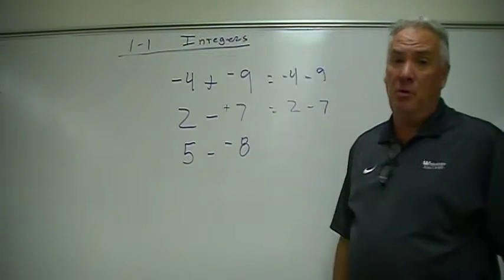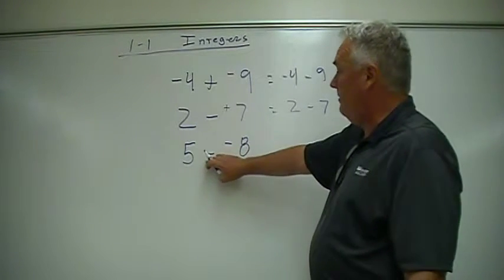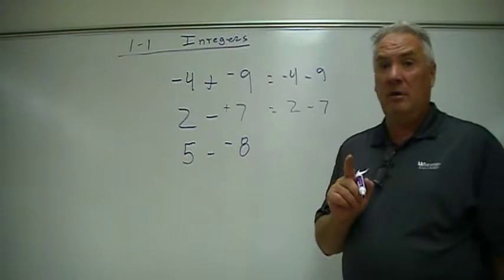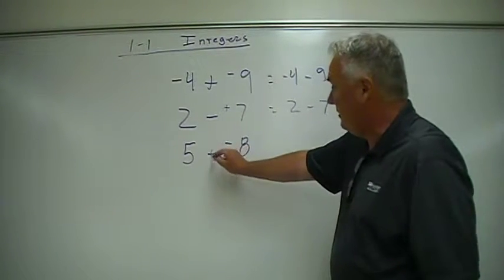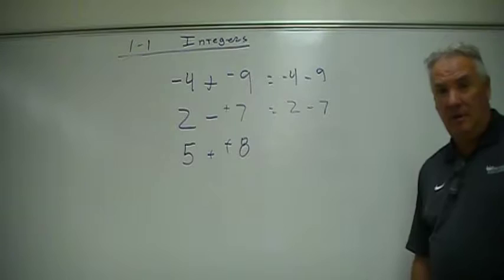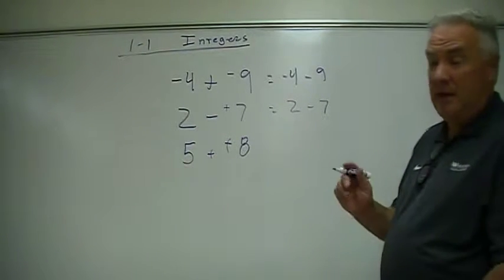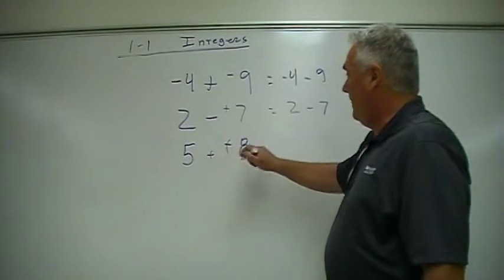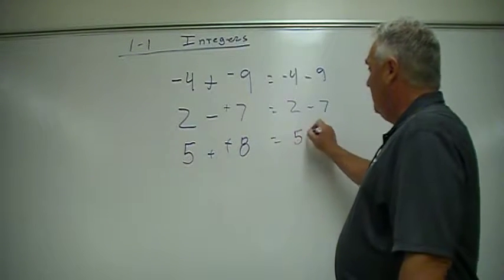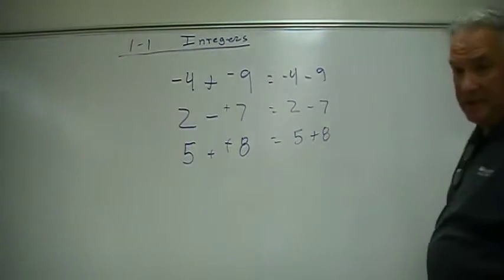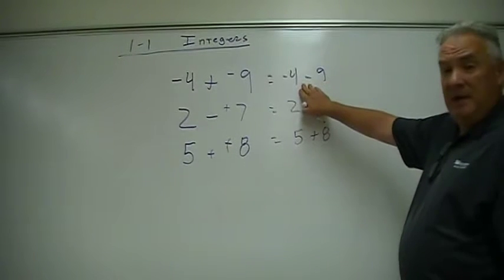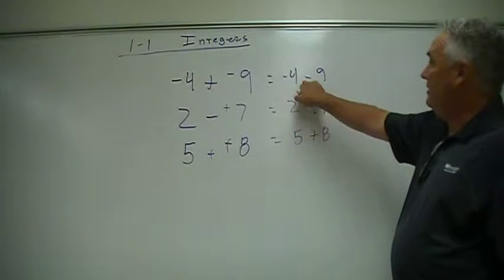This is the most important one to consider when you have minus a minus. And a lot of you learned this in middle school. You just do this, right? A lot of you just kind of do that. Teachers will teach you that. That's okay. I'm not saying no to that. But minus a minus does become plus, so it becomes 5 plus 8. Now, this becomes rule number 1. The signs are the same.